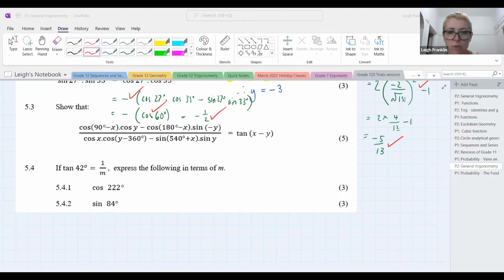And then we'll mark it. If you do finish 5.3 and you're feeling confident with your answer and you want to get started on 5.4, you're very welcome. I will obviously work through 5.3 with you to make sure that all your steps are correct.